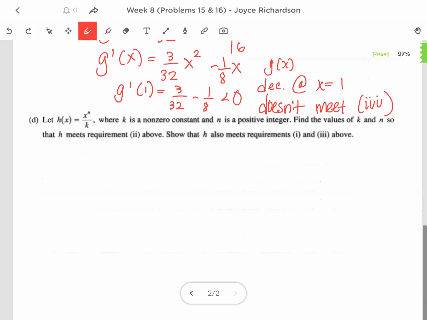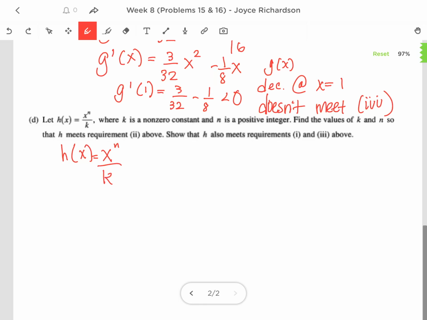Okay, last one here, we have h of x is equal to x to the n over k, where k is a non-zero constant. Find the values of k and n so that h meets requirement 2 above.